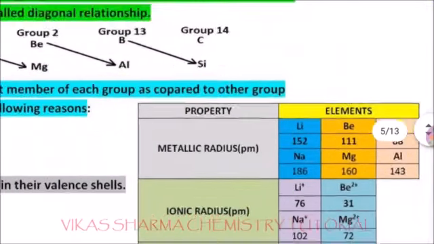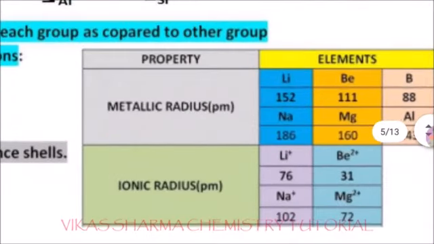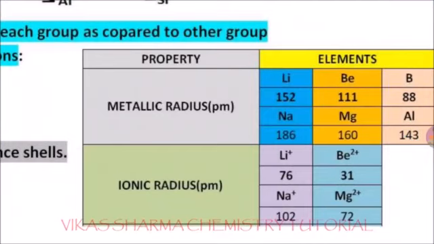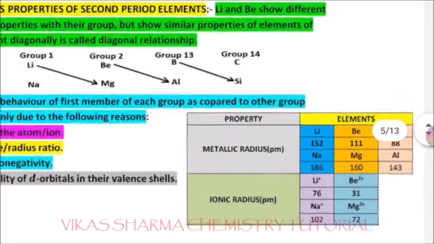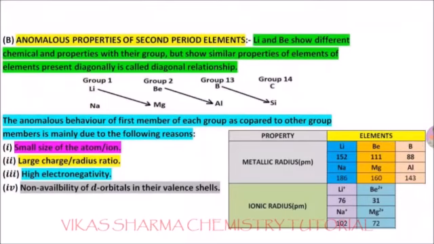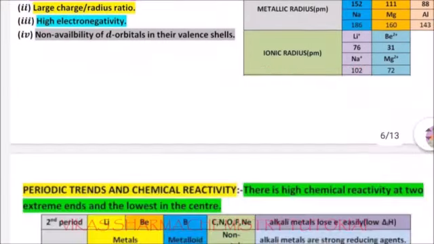For example, in the display you have seen the metallic radius of lithium 152, beryllium, boron, sodium, magnesium, aluminium; lithium ion 76, beryllium 31, magnesium 72. So the radii are similar, which is why they show some similarities diagonally with members of different groups.